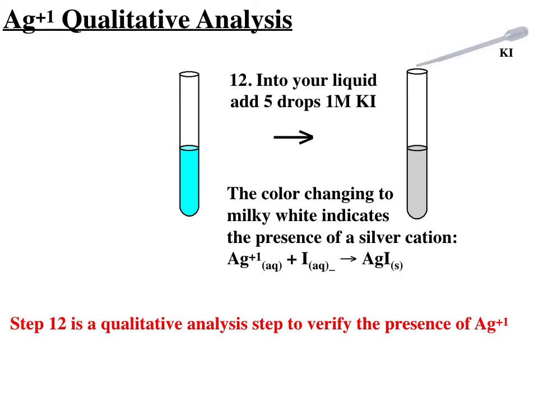Addition of the iodide anion will form an insoluble solid precipitate with silver. So the formation of a solid precipitate indicates that I have silver iodide, and the silver iodide is a sign, of course, that I had silver cation present in that solution to which I added the KI.